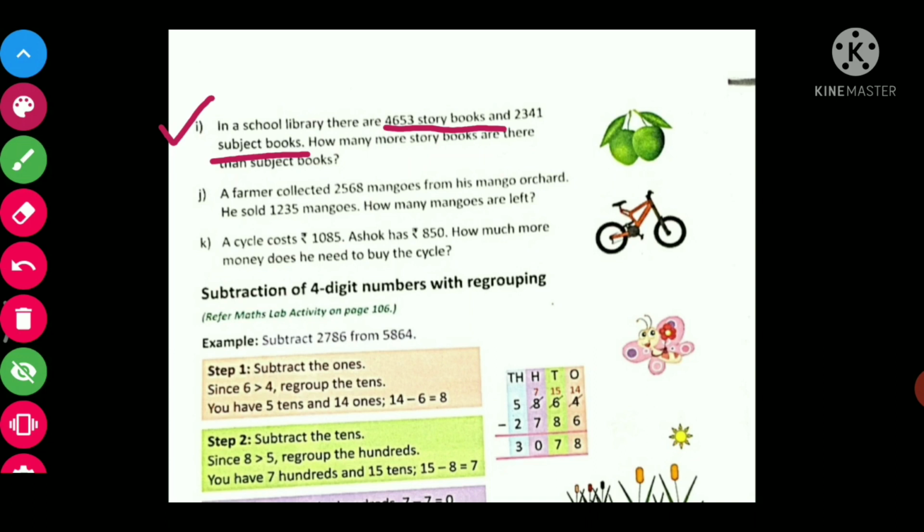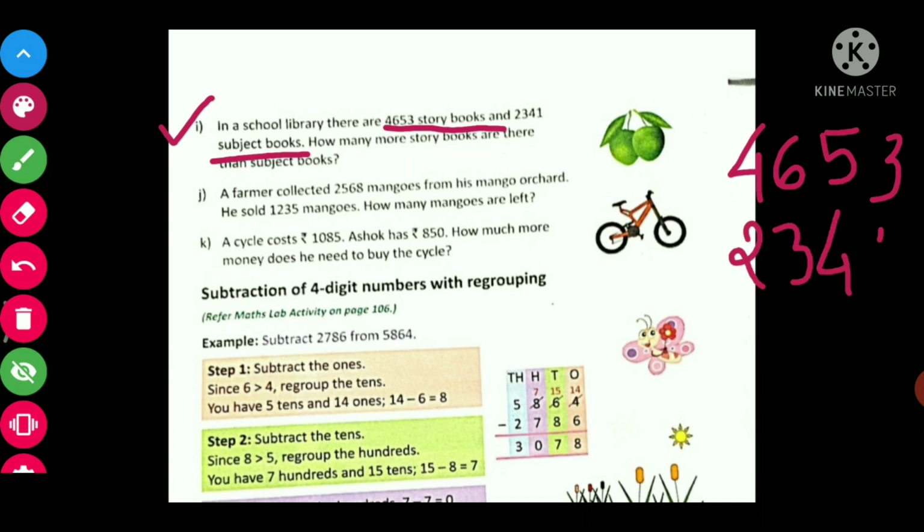It is already given, in a school library there are 4,653 storybooks and 2,341 subject books. So now we'll find out how many more storybooks are there than subject books.